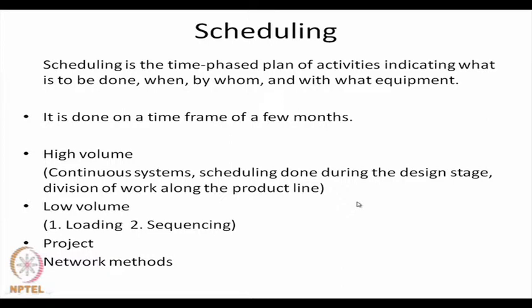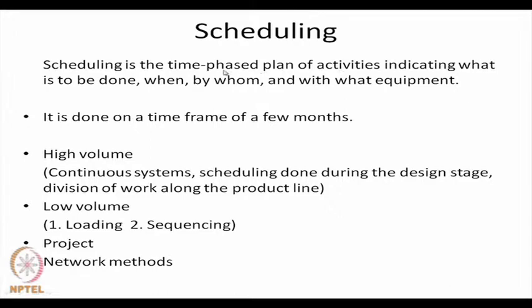Then we come to the scheduling function of production planning and control. In scheduling, what we basically do is that we plan the activities and we also say when each activity will start and when it will be completed, and who will do it, when it will be done, what is to be done and with what equipment it will be done. So, basically scheduling is the time phased plan of activities.